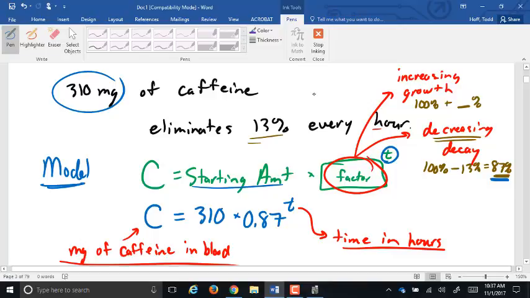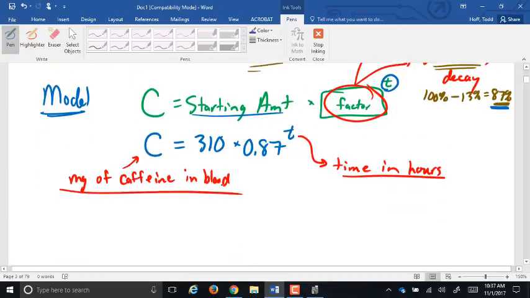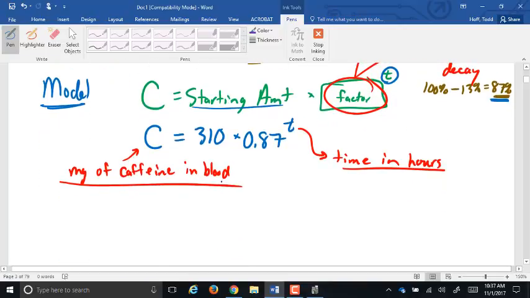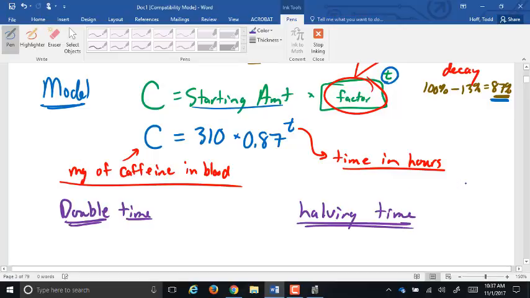One of the things we explored last class was time to double and time to half. Now, of course, in this case, being a decay problem, it can't double. So what we're going to be looking at is the time it takes to half, which is often referred to as the half-life.